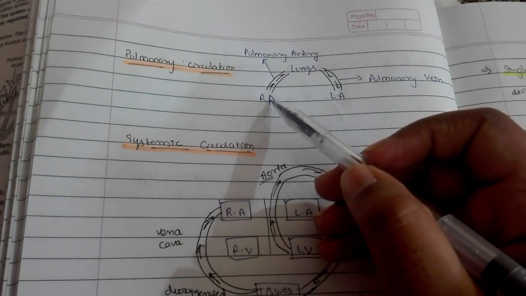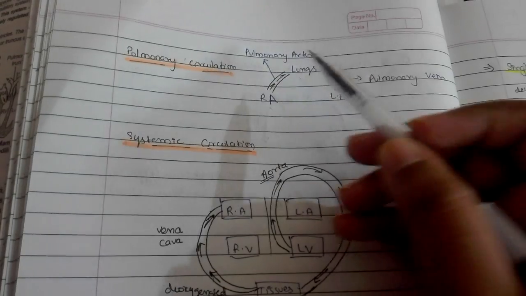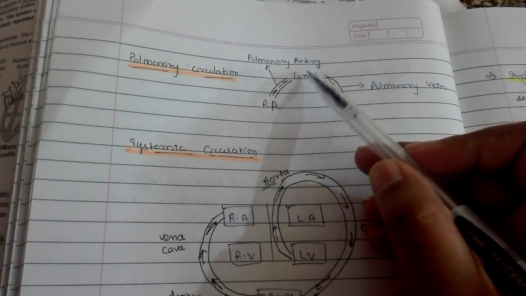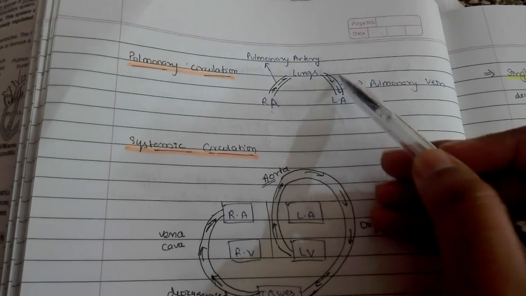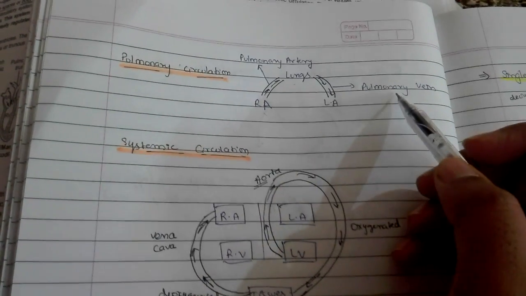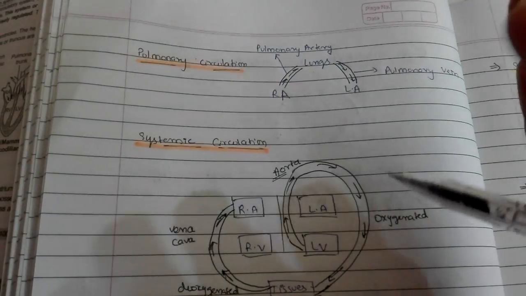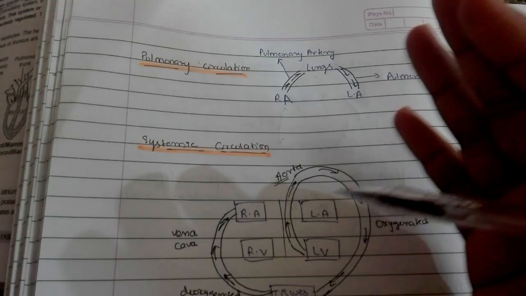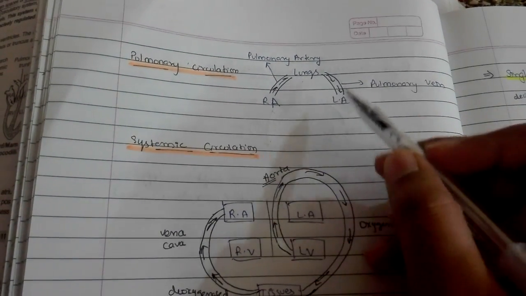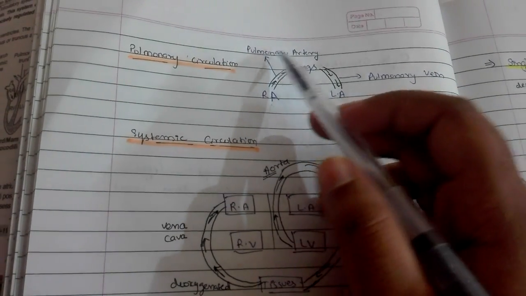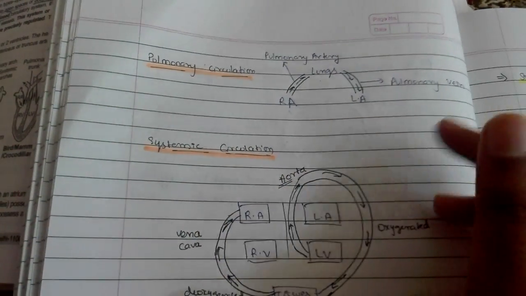So the pulmonary artery is saying come to me. The right atrium goes to the lungs through the pulmonary artery, right? Now from the lungs to the left atrium, the purified and oxygenated blood goes through the pulmonary vein. The thing which is opposite to come is go. So the lungs are saying go. So lungs to left atrium is the vein, and right atrium to lungs is the artery, right?